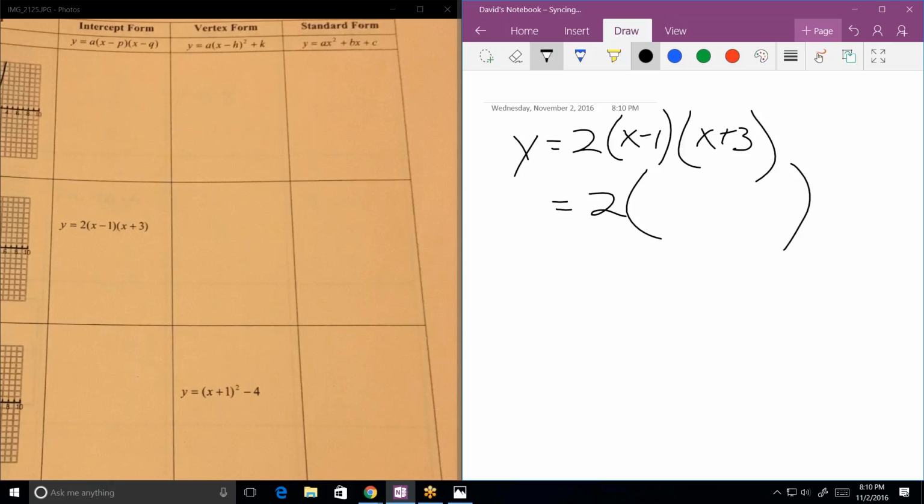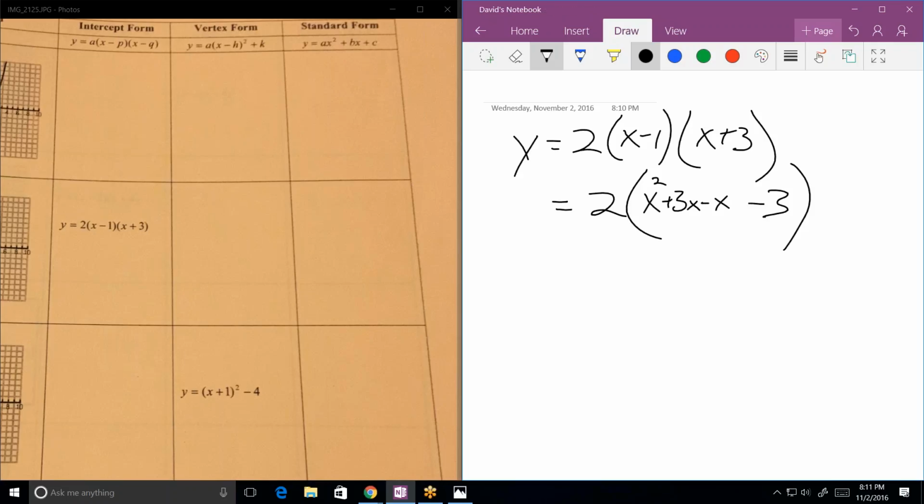Can we do the parentheses first and then just add the 2 in after? I leave the 2 aside, and I put the parentheses to multiply x minus 1 times x plus 3. So it'd be x squared plus 3x minus 1x minus 3.